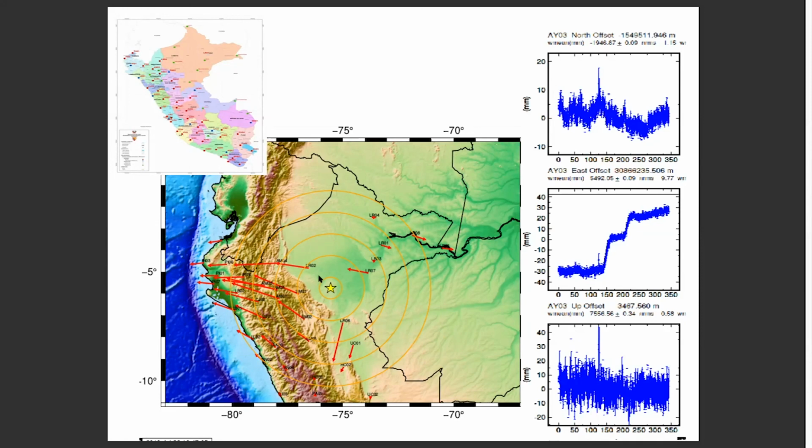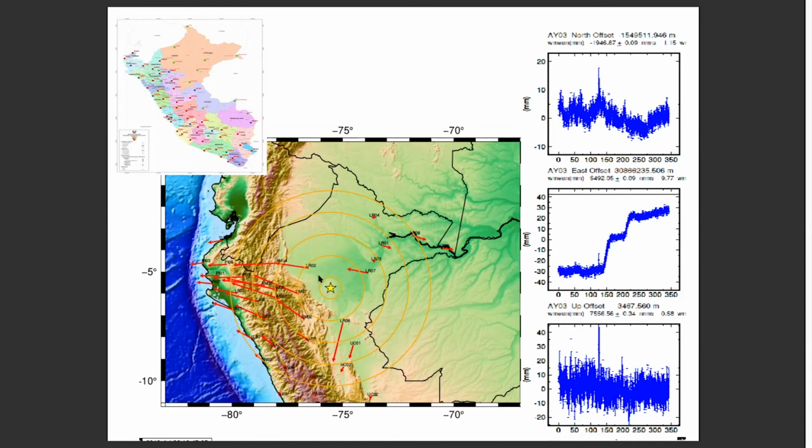This station, at a distance of 100 kilometers, had the maximum displacement. This arrow gives the direction, and the magnitude is 4 centimeters.